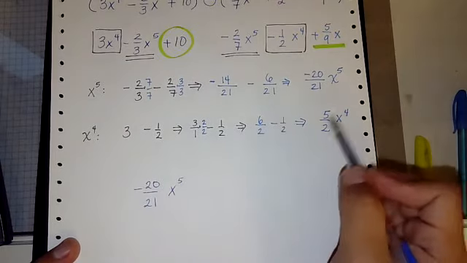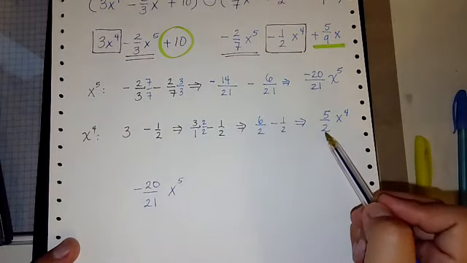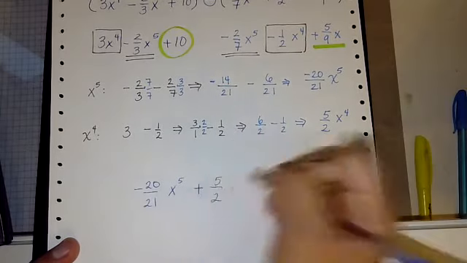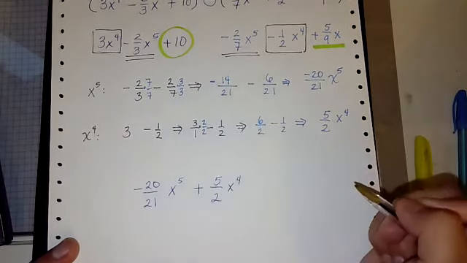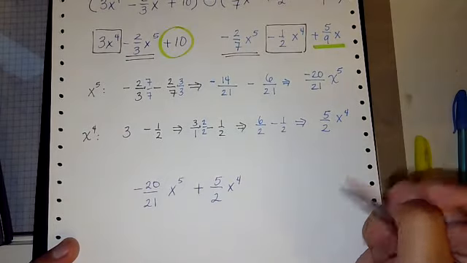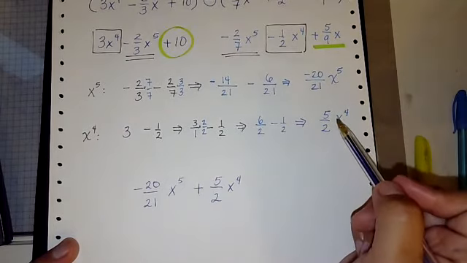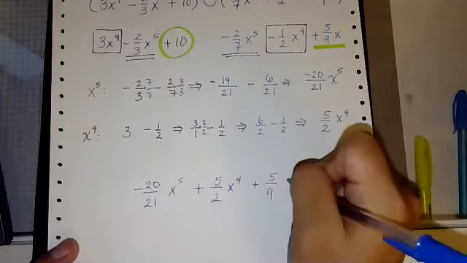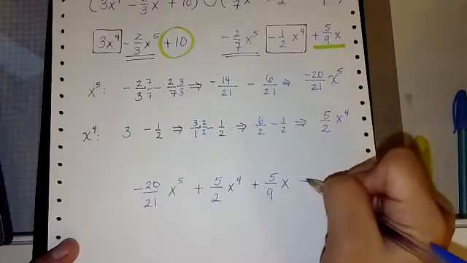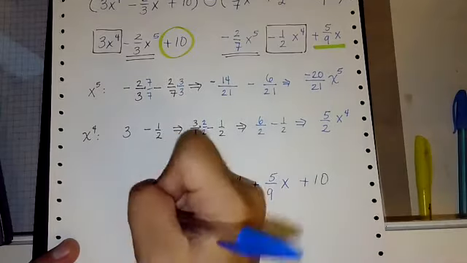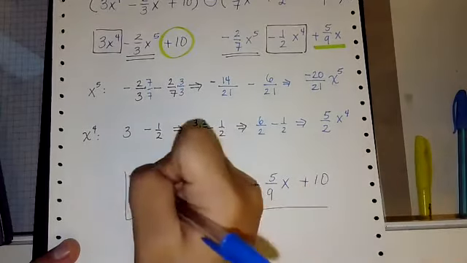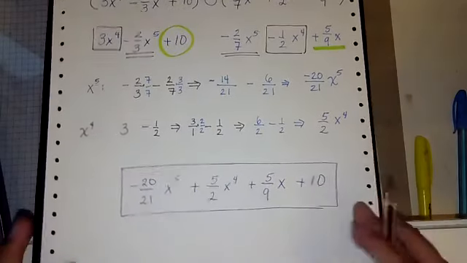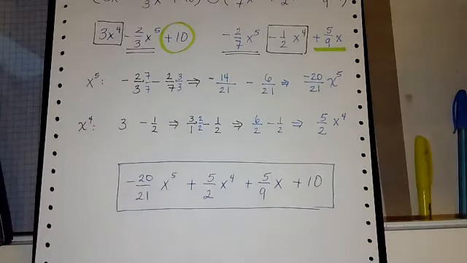Then this is a positive 5 over 2, so I'm going to put plus 5 over 2 x to the 4th. And then I'm going to put plus 5 over 9 x plus 10. And that is going to be your answer. I cannot combine any of these terms, so I'm just going to leave it as it is.